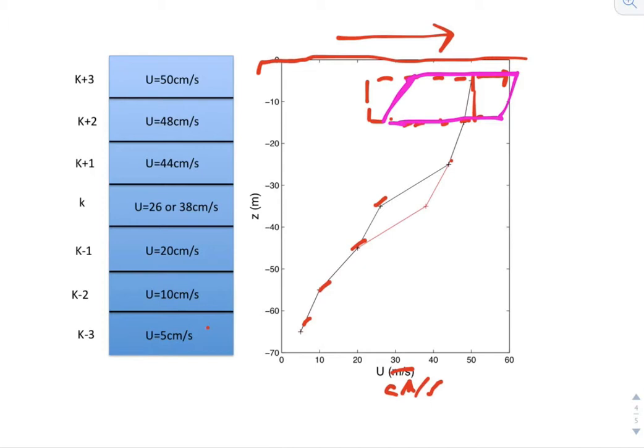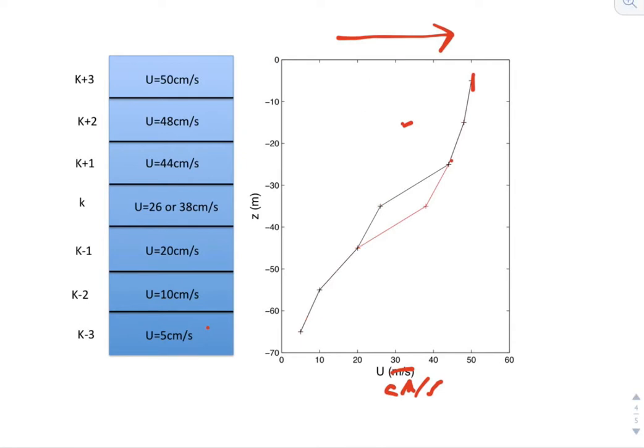The question we want to answer is, for this particular setup, and I'm referring to the black line here, looking at this mid-depth right here at 35 meters, the water right here, is this water subject to an acceleration given the vertical shear in the water column here?